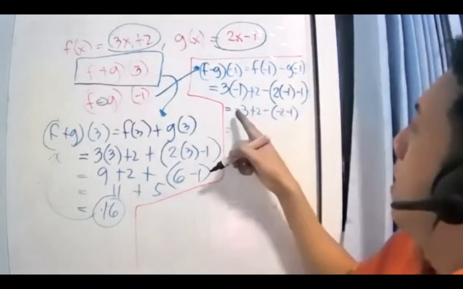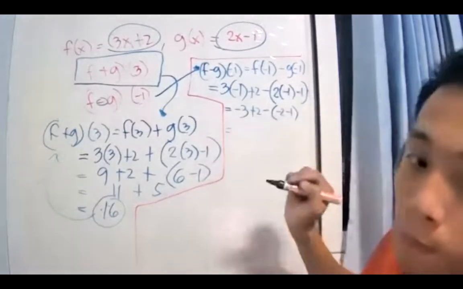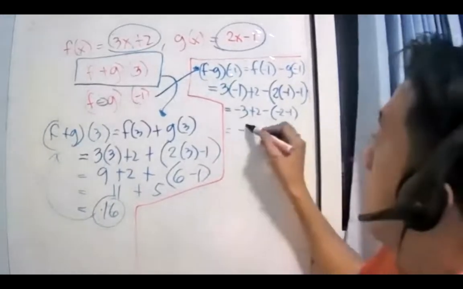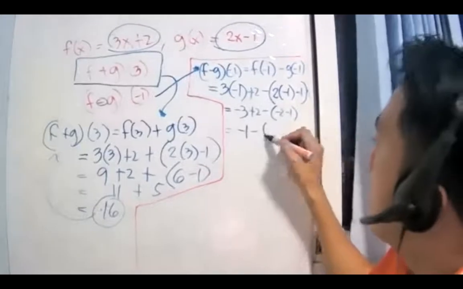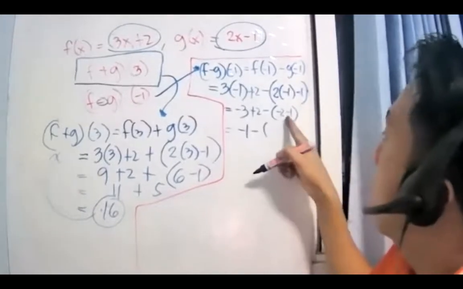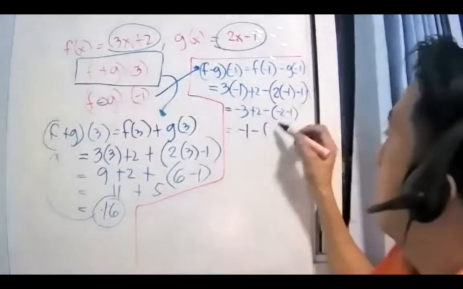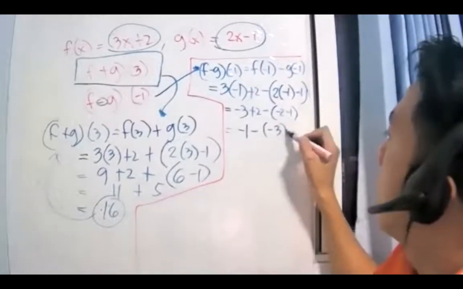Okay, negative 3 plus 2, that is negative 1, minus negative 2 minus 1. Okay, like signs, we will add them and then copy the sign.